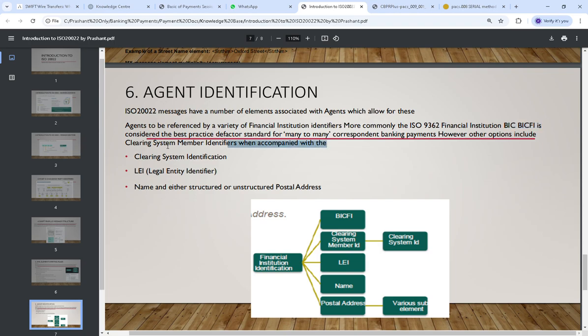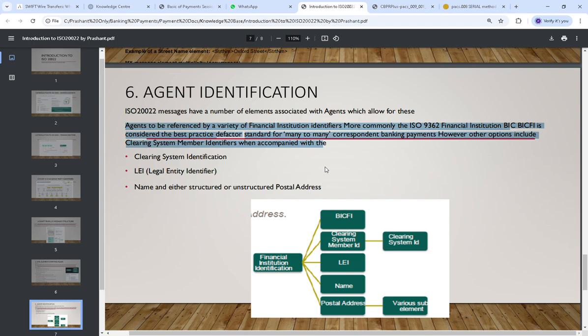So we are going to see which three things we are going to use apart from BIC in ISO 20022. We also discussed earlier, for example, 52A, 52K, 52F, 52G. Sometimes BIC is mentioned, sometimes address is mentioned, sometimes a person's name and account number is mentioned. So instead of BIC you can use these also.